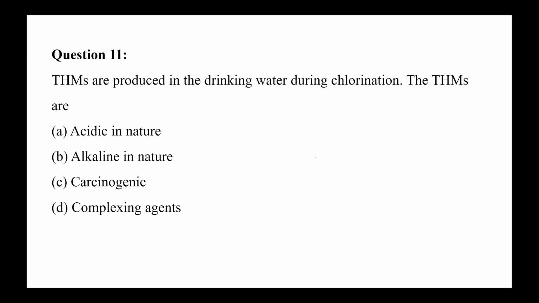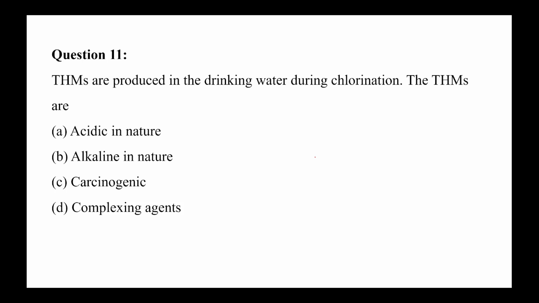Question number 11. THMs are produced in the drinking water during chlorination. The THMs are: option A, acidic in nature; option B, alkaline in nature; option C, carcinogenic; and option D, complexing agents. I told you what THMs are. THMs are trihalomethanes.